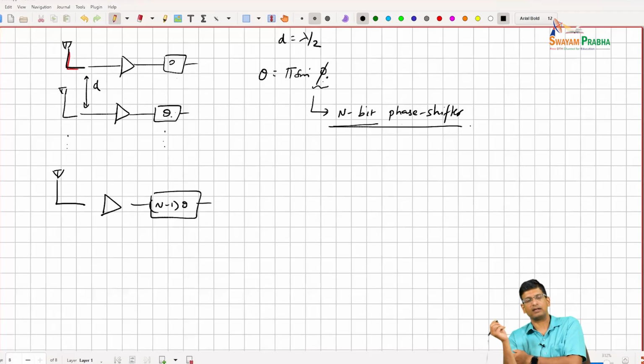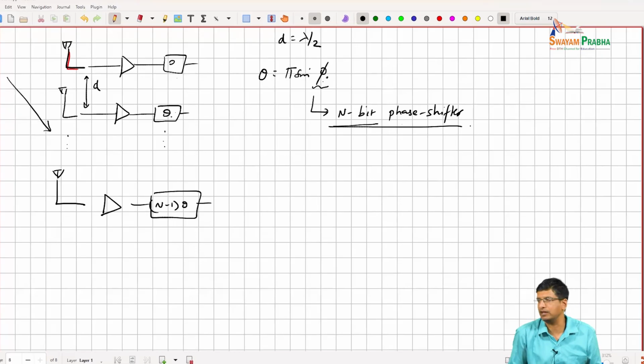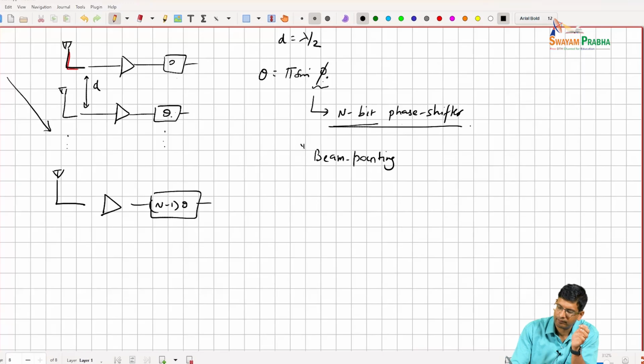So if I think about it that way, I am supposed to receive from some angle, but because my phase shift is quantized, I'm actually going to have a slight error in the angle that I'm receiving from, right? And we call that beam pointing error, right?